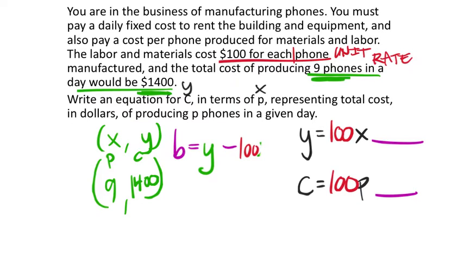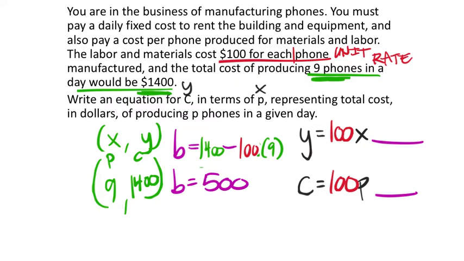And then the X value comes from that ordered pair. That's P, the number of phones, was 9. And then the Y, that's the cost for producing those 9 phones, was $1,400. I just put this in the calculator, and it tells me that B, the y-intercept, would be $500.